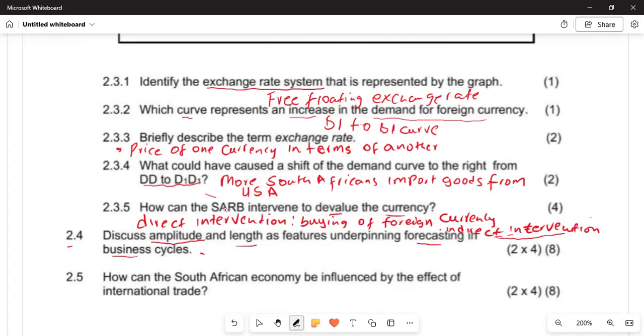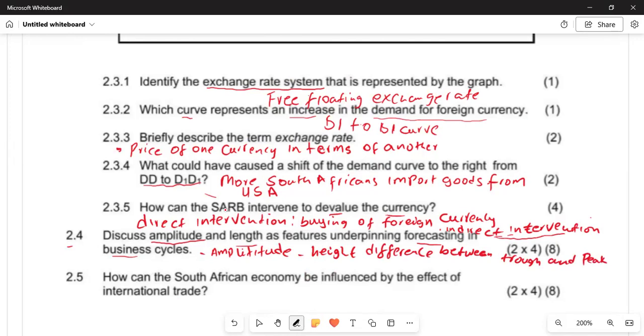The amplitude is the height difference between the trough and the peak.